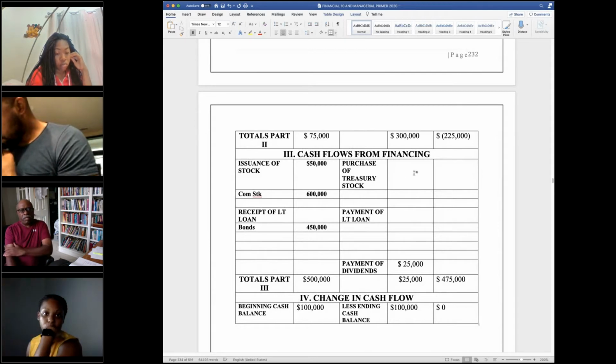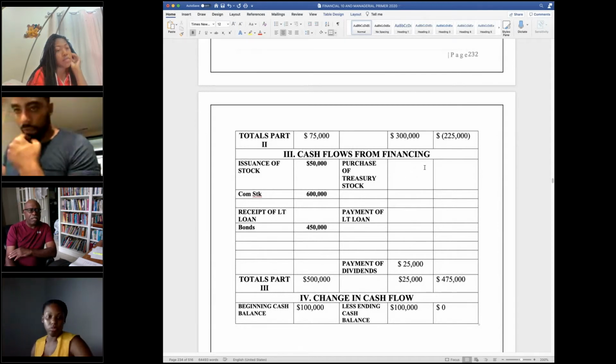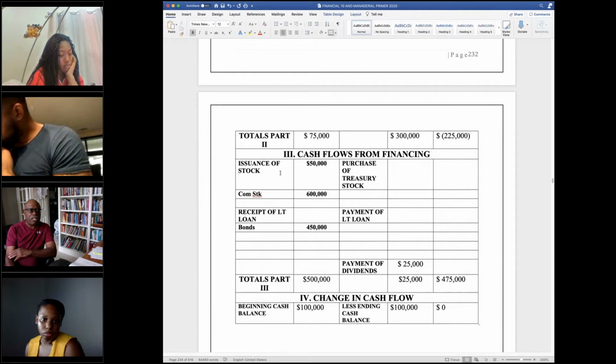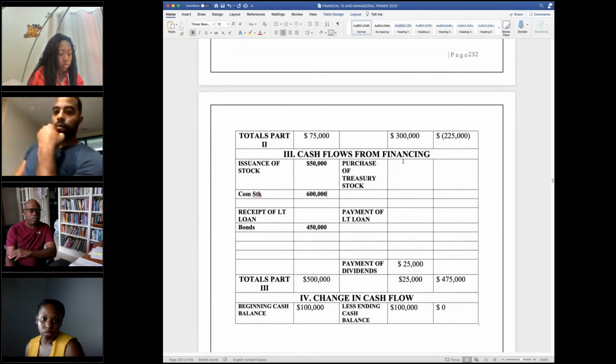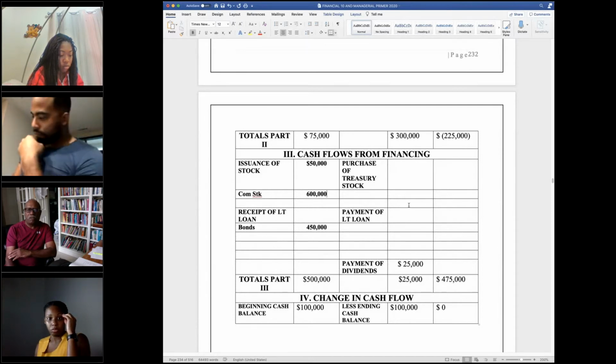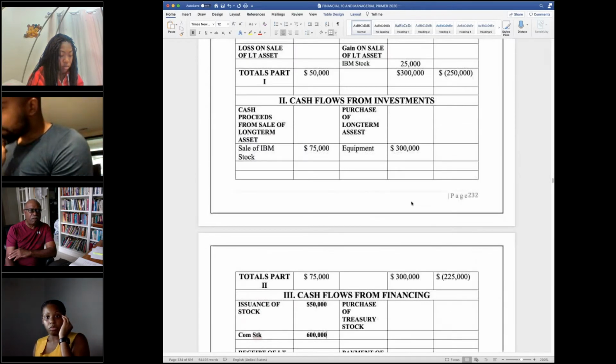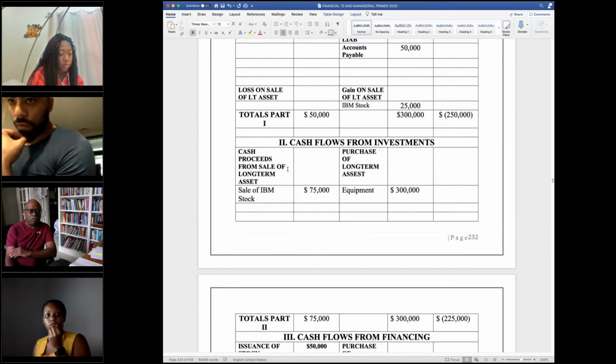So you see the template has everything laid out for you. Issues of stock, repurchase of stock, long-term loan, receipt of it, payment of the long-term loan, payment of dividend. It shows you where everything needs to go. If you sell a long-term asset, take for instance, Macy's is supposed to sell clothes.